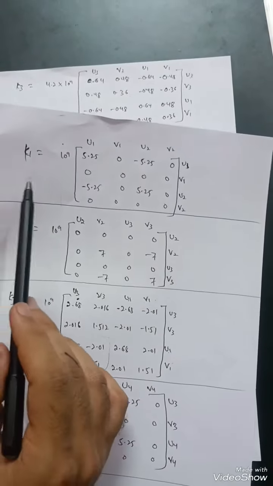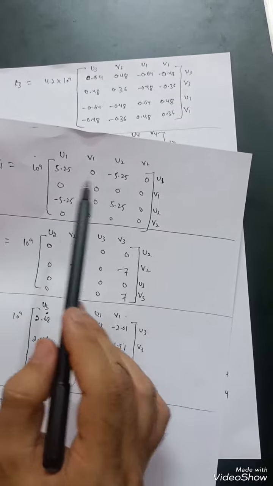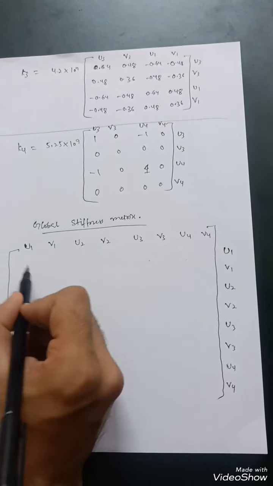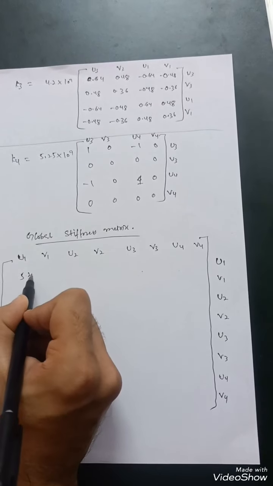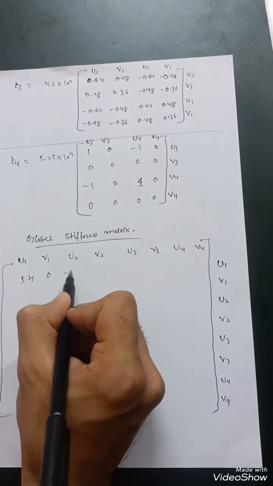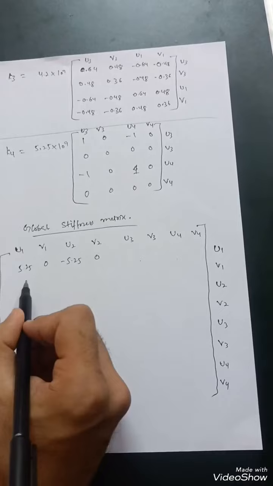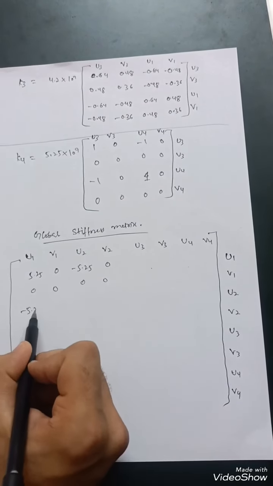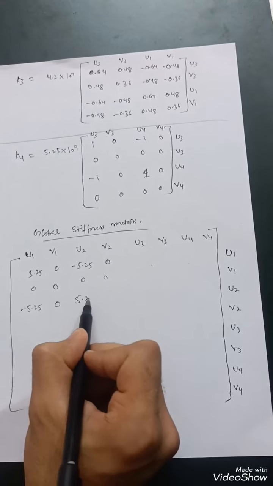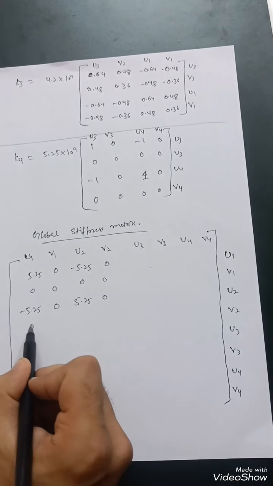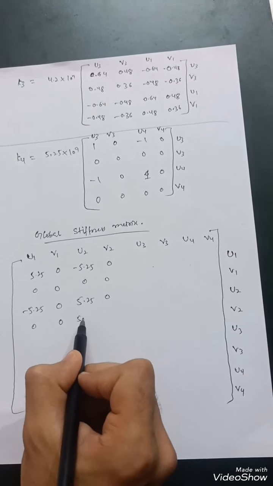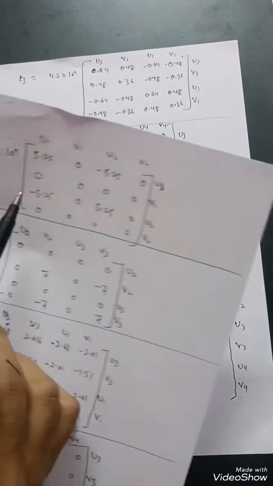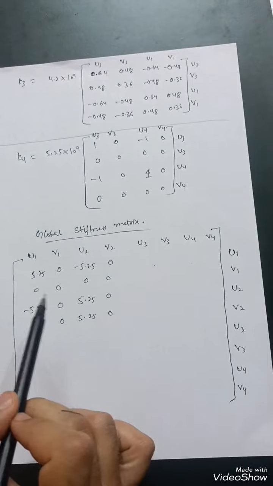So I will draw k1 as it is, the whole matrix, in the global matrix: 5.25, 0, minus 5.25, 0, and so on, with 0 minus 5.25 0 5.25 in the next rows. So this is the k1 matrix, I have drawn it here.